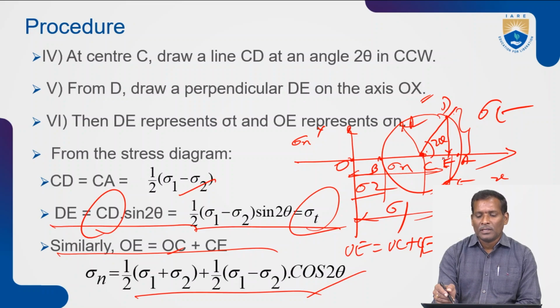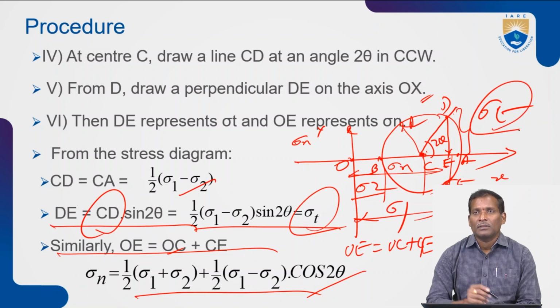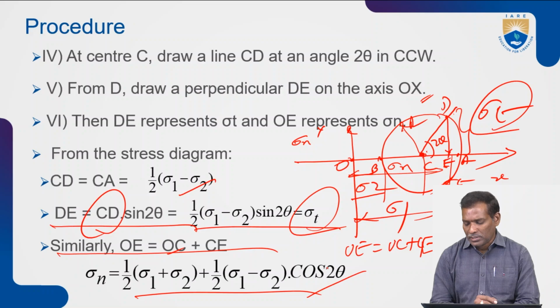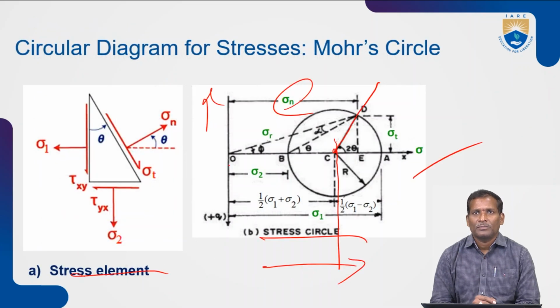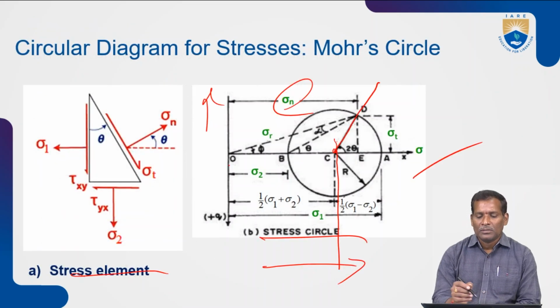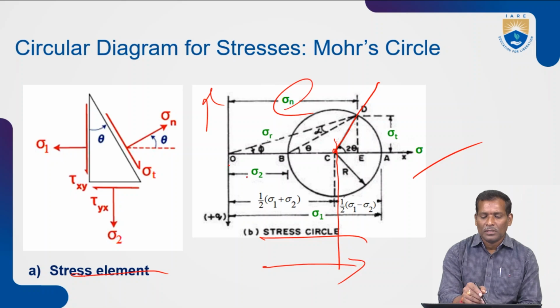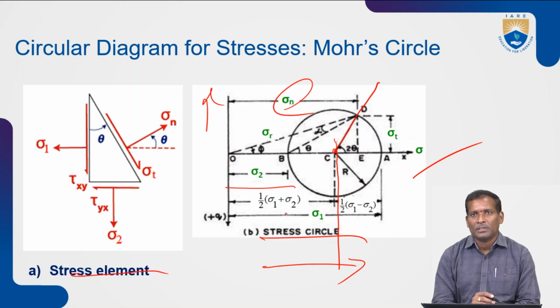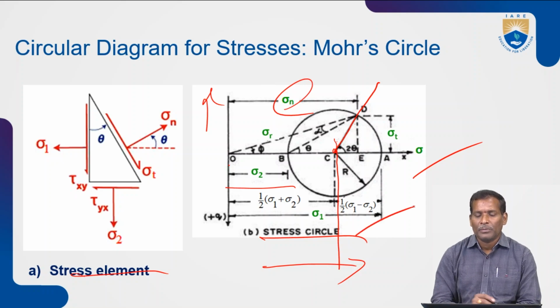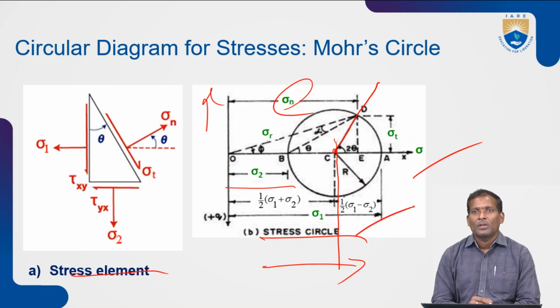So here sin theta you have taken for this sigma T. Similarly take for sigma N cos theta, cos 2 theta. See? In this diagram shown, this is sigma 2 and this one is sigma 1 plus sigma 2 by 2, and sigma 1 minus sigma 2 by 2 say as sigma 1.